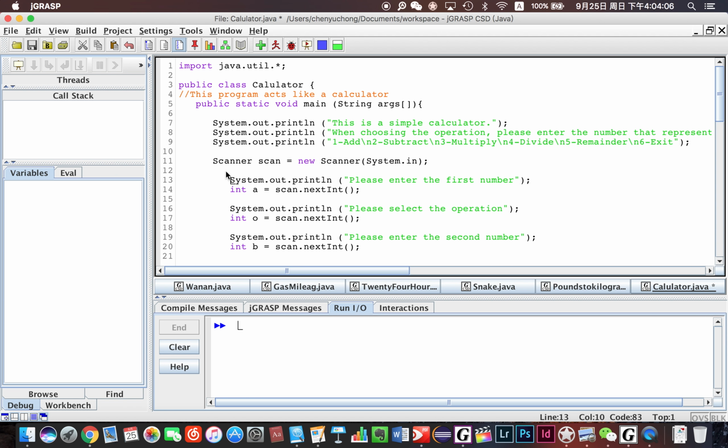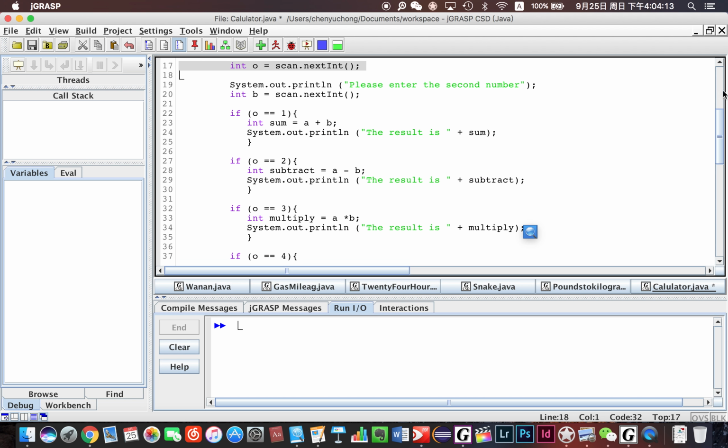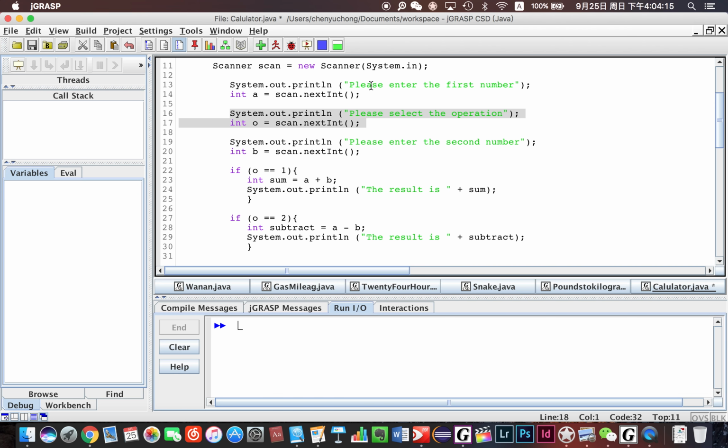The first one is the first number entered and the operation the user wants to use. And then they enter the second number here, the second value. So if you look at this sentence, the operation that the user wants to use will turn into a number, and we can use this number to determine which one they're going to use.